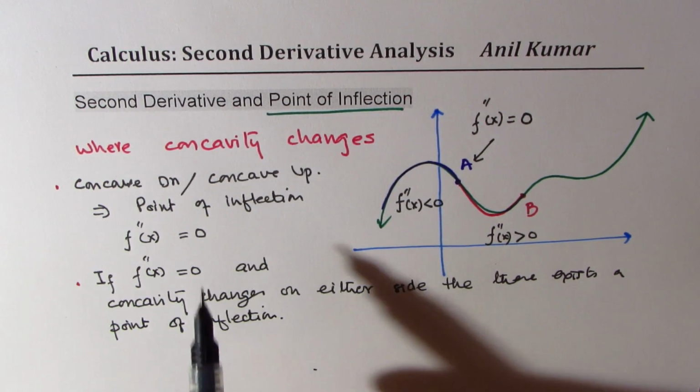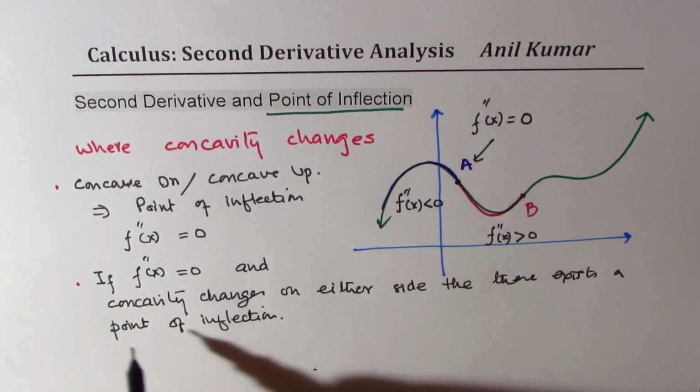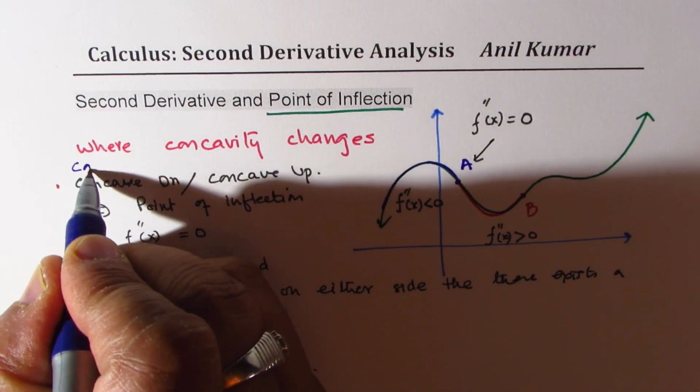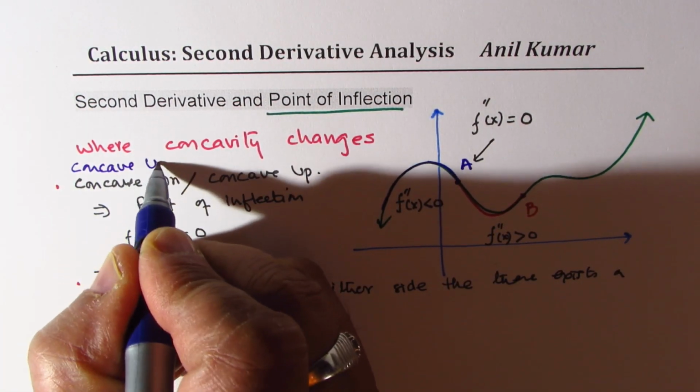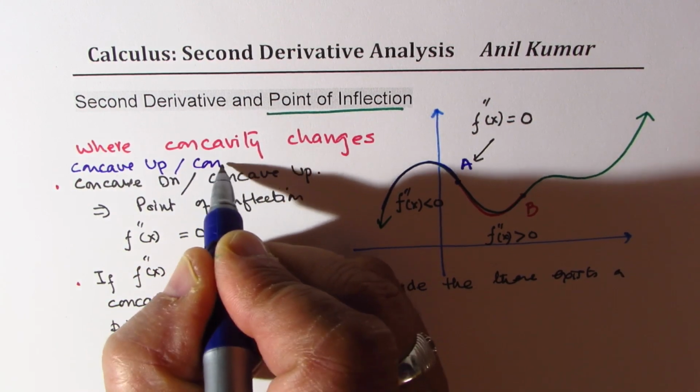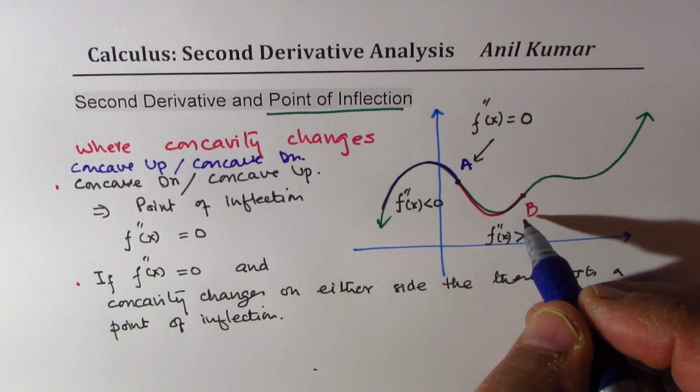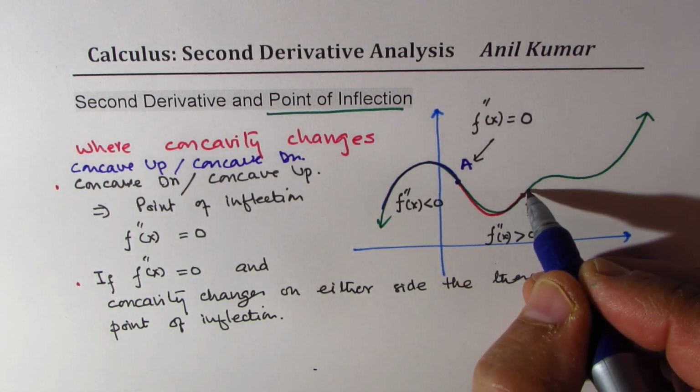It could change from concave down to concave up, or also the other way, from concave up to concave down, as you can see here. It is now concave up and then again down.